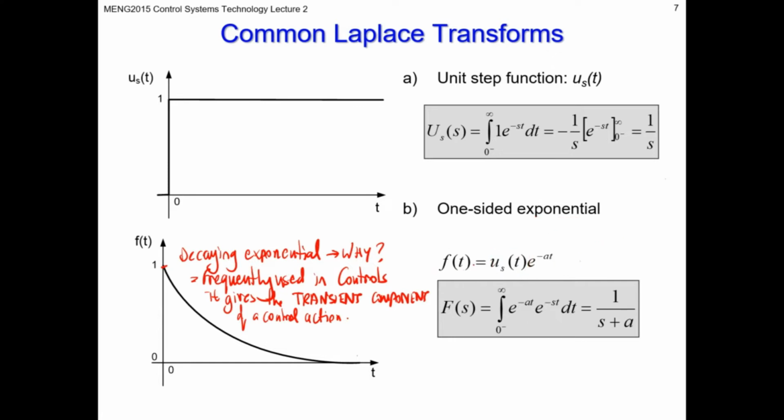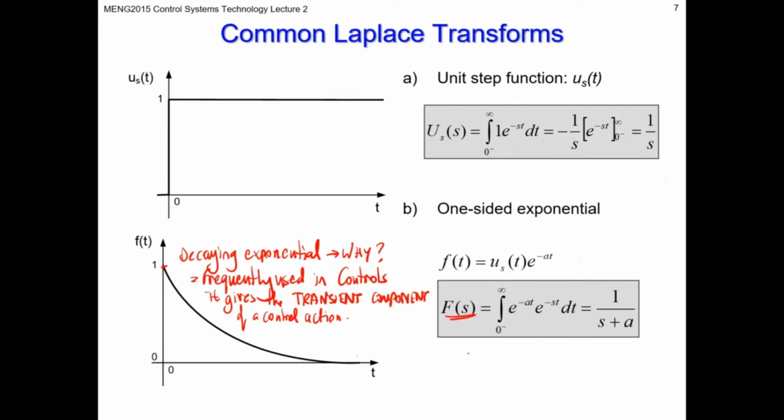This is our function. If we take the Laplace transform, then we can see here F of s is going to be the integral of our time function e to the minus at times our operator e to the minus st dt. So this is our f of t. This is our Laplace operator here, right? So we multiply them together times dt.